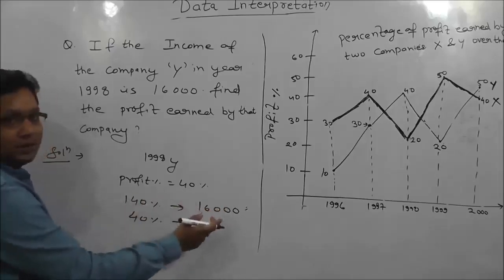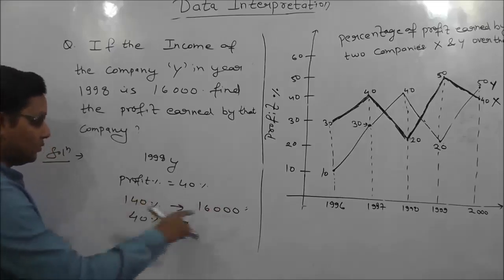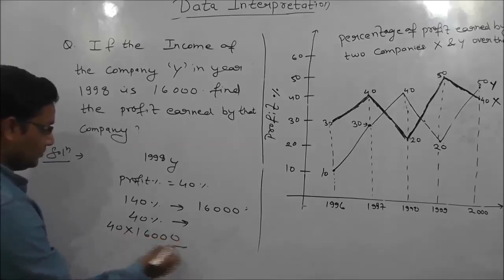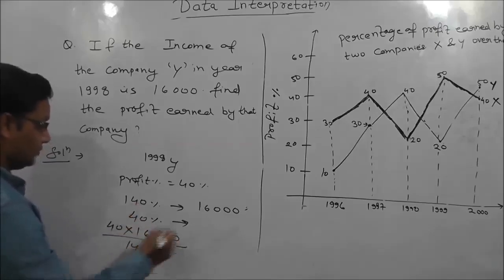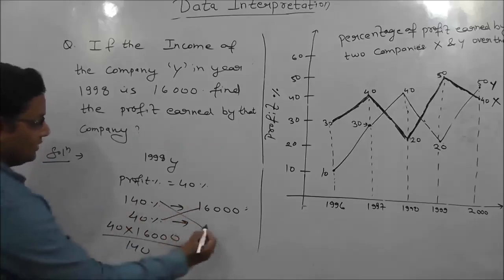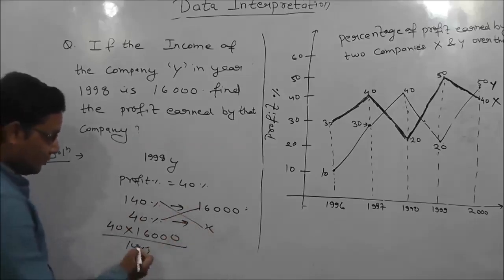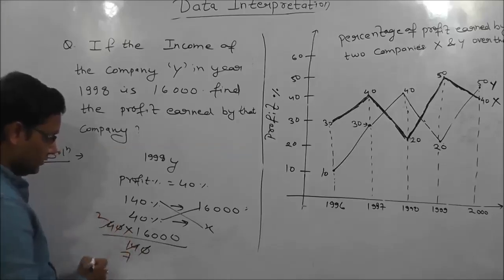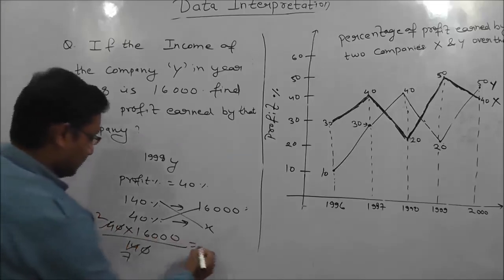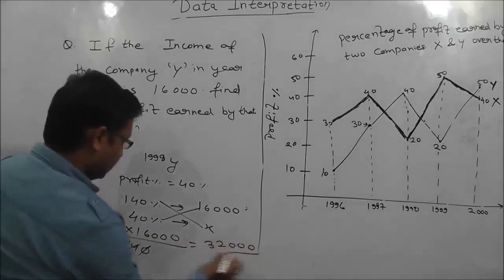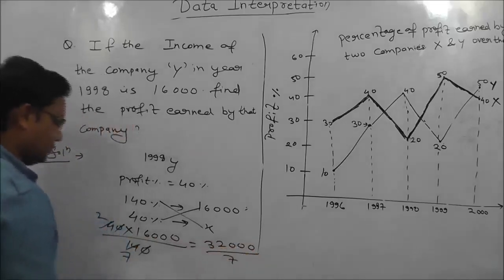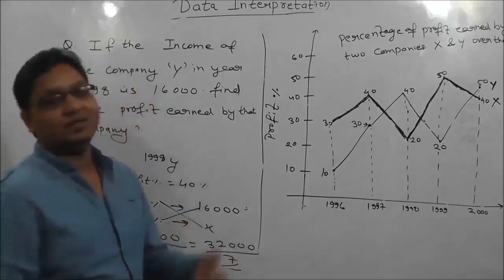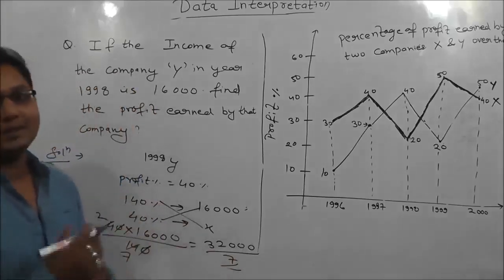This is not a multiple of 16,000, so we have to do cross multiplication: 40 into 16,000 upon 140. The zeros get cancelled, and this becomes 32,000 upon 7. This will come in decimals, so you can get the approximate answer. Let's move on to our next question.